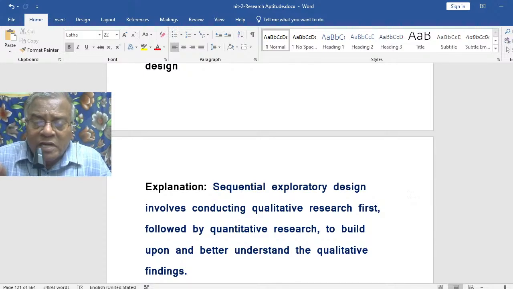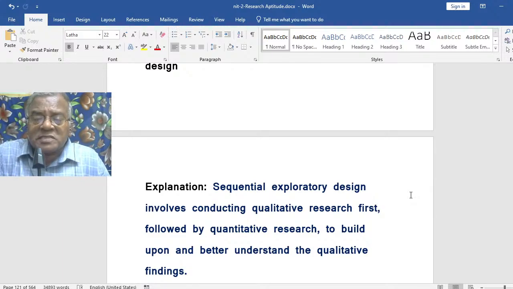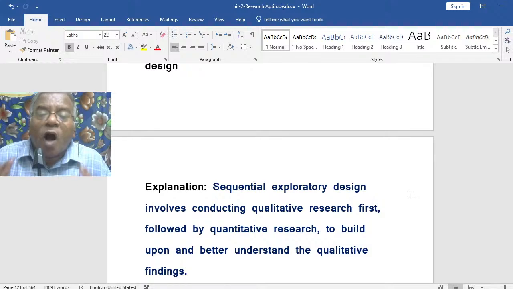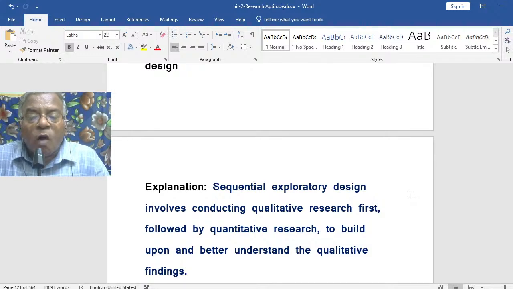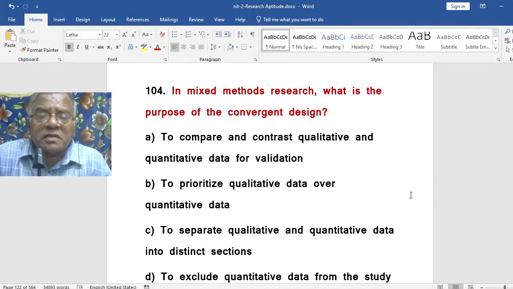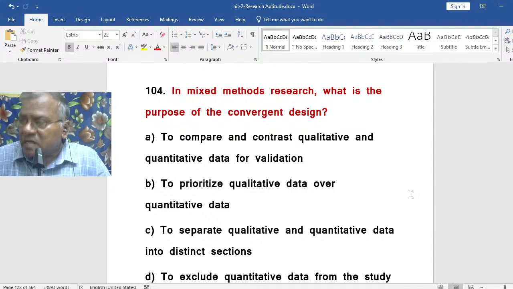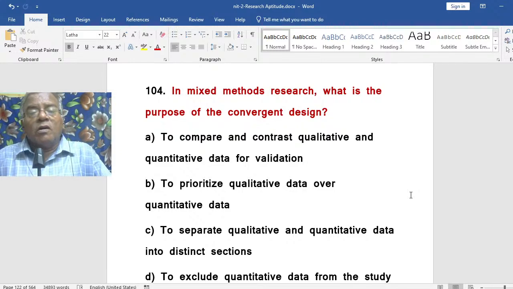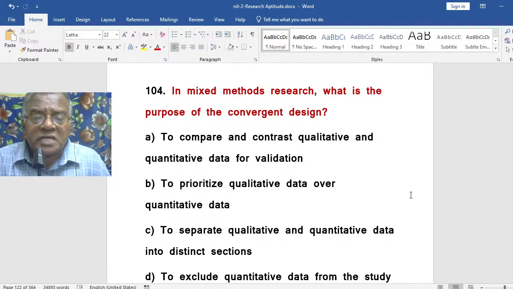So sequential exploratory design involves conducting qualitative research first, followed by quantitative research to build upon and better understand the qualitative findings. In mixed methods research, what is the purpose of the convergent design? Another important concept, maybe a new concept. In mixed methods research, what is the purpose of the convergent design?